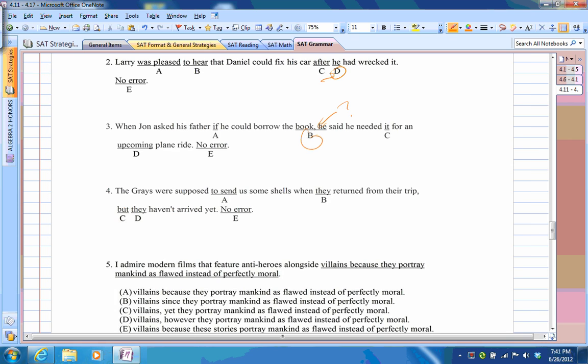But D is not okay, because when the Grays haven't arrived yet, or when the Shells haven't arrived yet, that's a bit unclear.